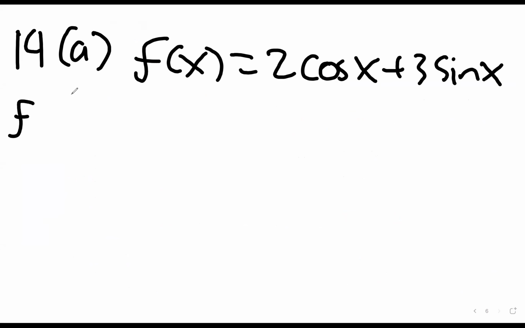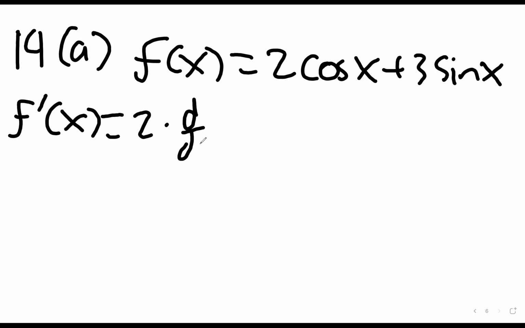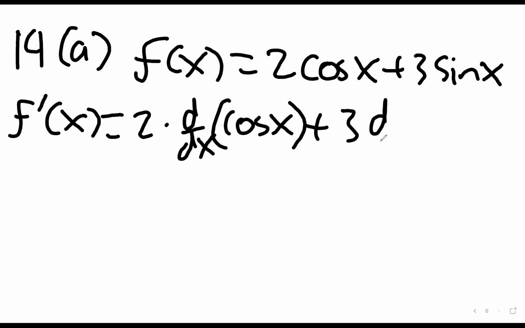Okay, so the derivative of a sum of functions is just the sum of its derivatives. And the derivative of a scalar multiplied by a certain function is just the scalar multiplied by its derivative. So in this case, we have f prime of x equals 2 multiplied by the derivative of cosine of x, d/dx of cosine of x, plus 3 multiplied by the derivative of sine of x.